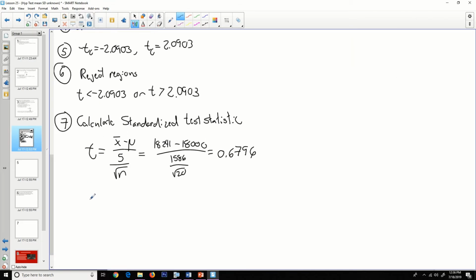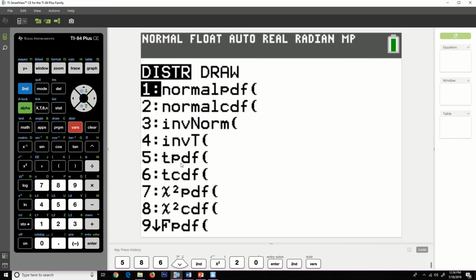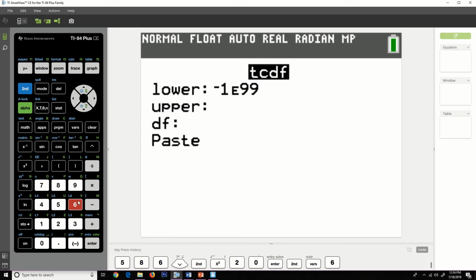Now, we could also do it in terms of our p-value if we wanted to. The way that we could do that is we could go second, then distribute, and go to tcdf, so I'm going to hit that 6 there.